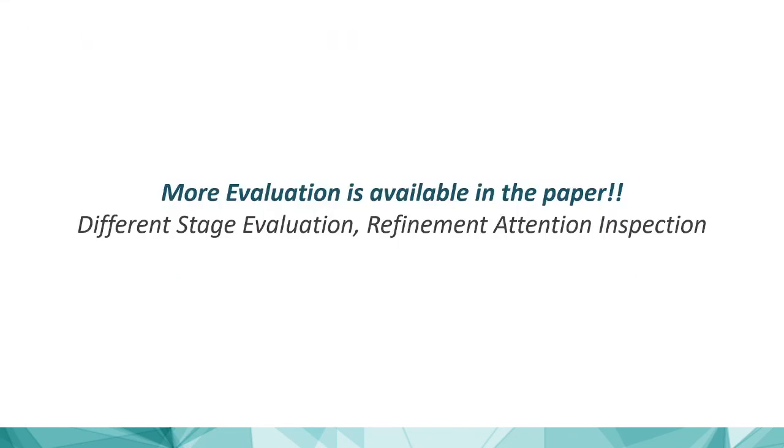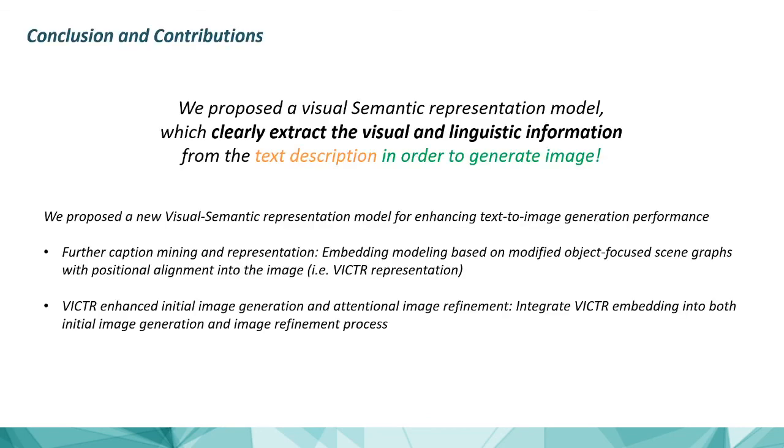More evaluation is available in the paper, such as different stage evaluation and refinement attention inspection. You can find it in the paper. In conclusion, we proposed a visual semantic representation model which clearly extracted the visual and linguistic information from only the text description in order to generate the image.